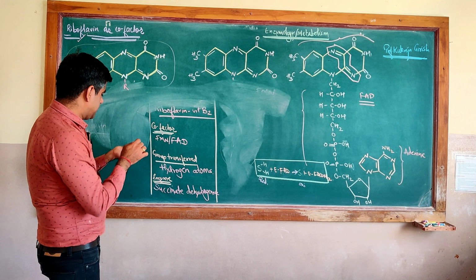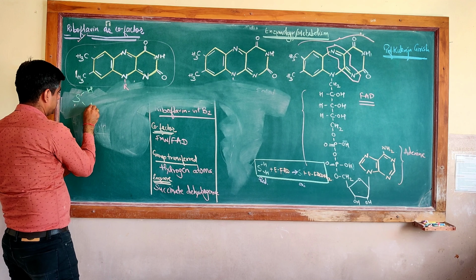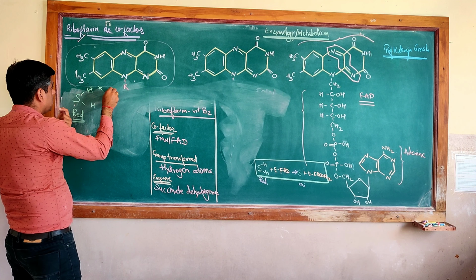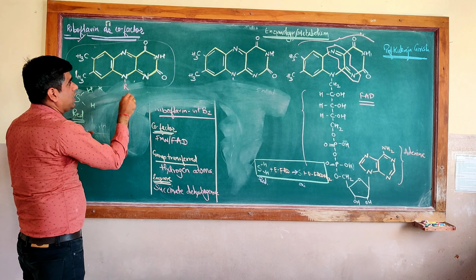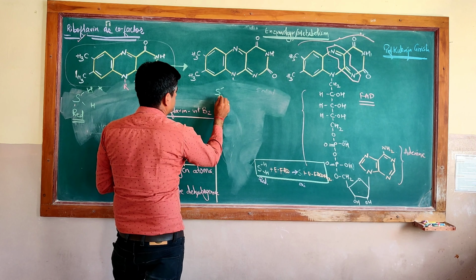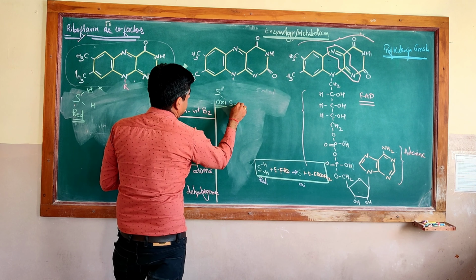You have a substrate now which has hydrogens. So this is your reduced substrate. The reduced substrate combines with your enzyme FAD component, where it will be oxidized. So this will give an oxidized substrate.